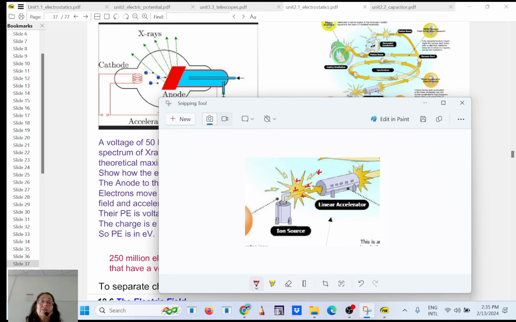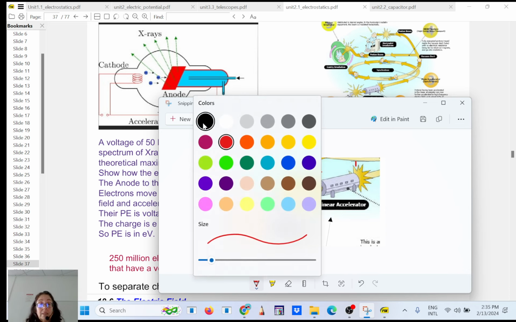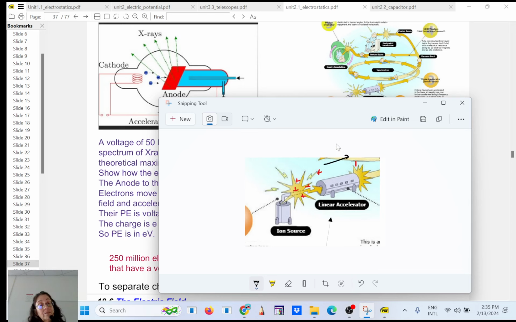So let's say this is plus, this is minus. So the electric field will go to the right or to the left? To the right, very good. And those little protons, they want to ride with the electric field. So they're going to accelerate because of the electric field. So the force for each proton will be QE, which is E in that case.